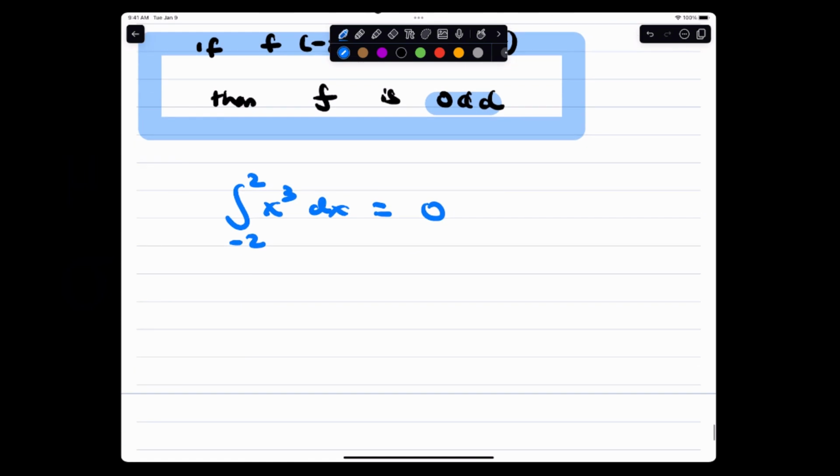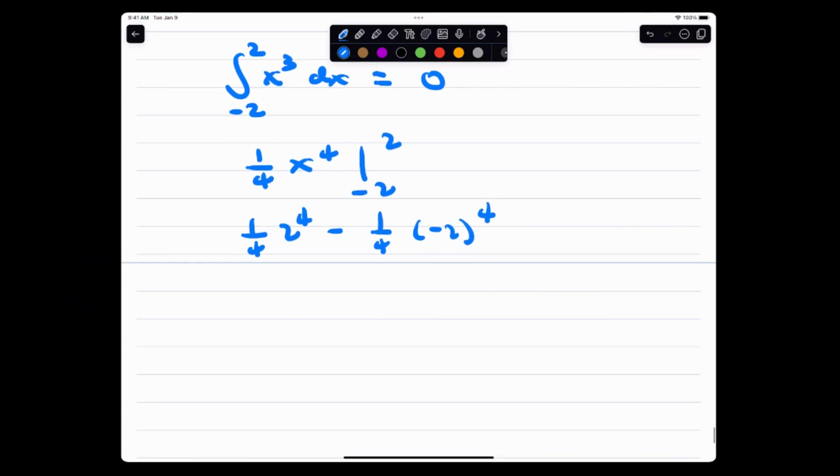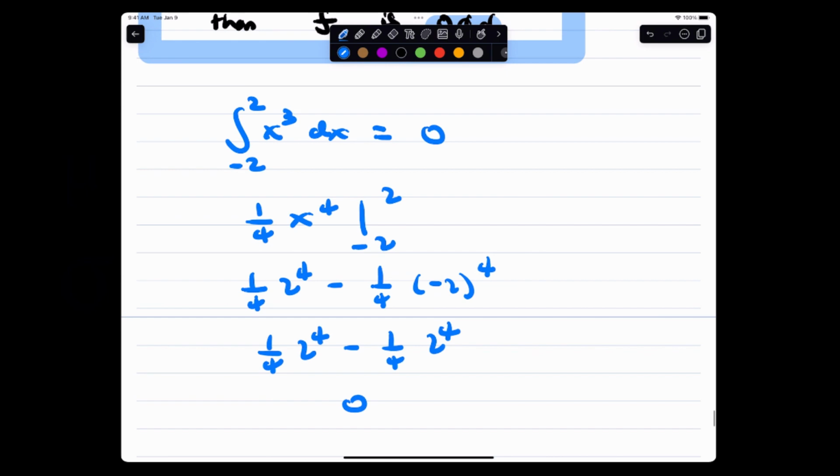You go, well, why? Well, isn't that 1/4 x to the 4th from negative 2 to 2, which will be 1/4 times 2 to the 4th minus 1/4 times negative 2 to the 4th, which is 1/4 times 2 to the 4th minus 1/4 times 2 to the 4th. You get 0, don't you? Is that right?